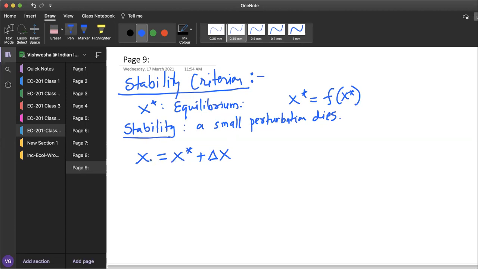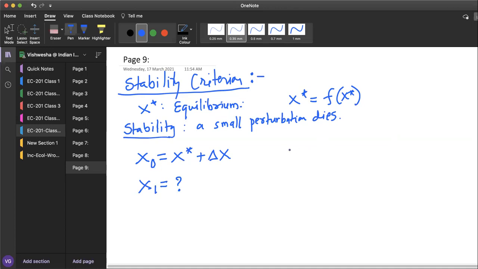I have forcibly made this perturbation, and we can call it X0 itself. So current time is 0, and X0 is X star plus delta X. So we want to know what is X1. How do we say a system is stable? If X1 is closer to X star than X0 was.